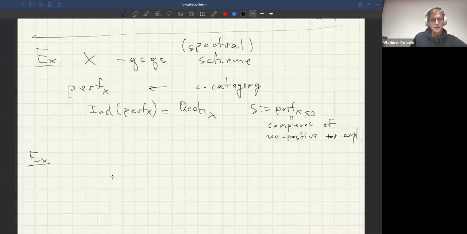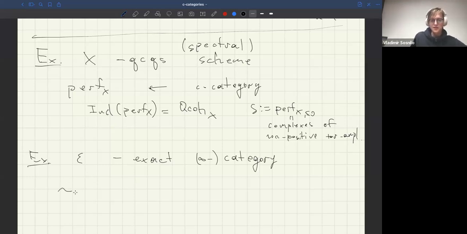Right, okay. Another example is that, assume we have an exact category, and it could be an exact infinity category.